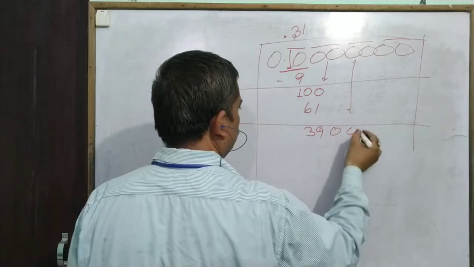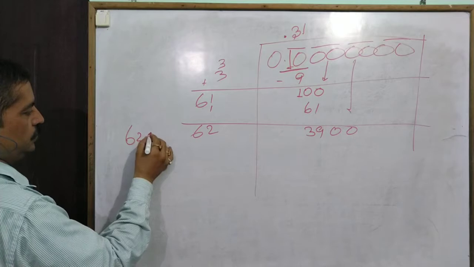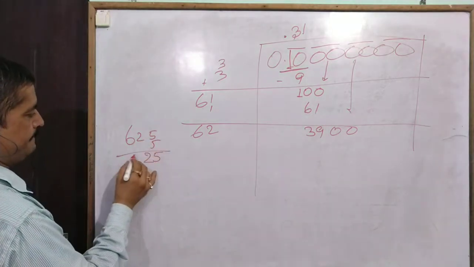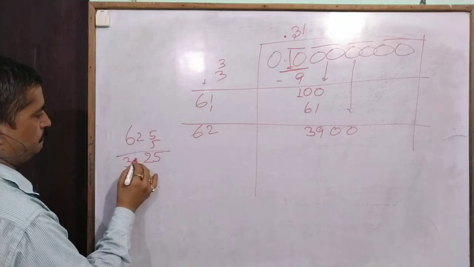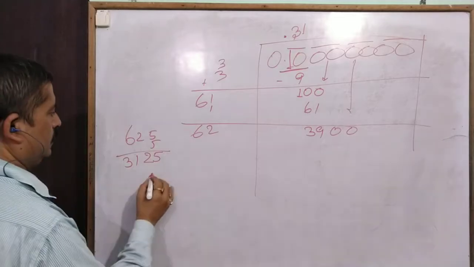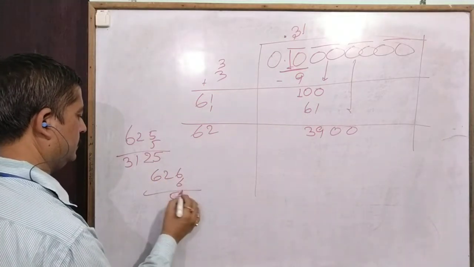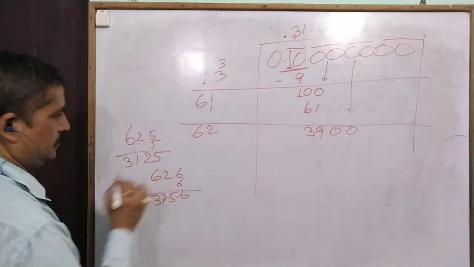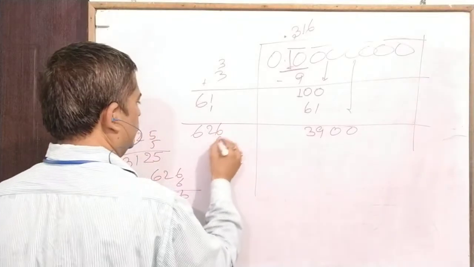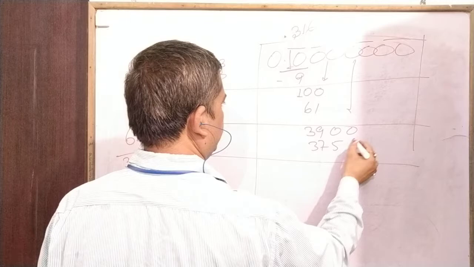Again 20. So 6 to 5. Six to 6. So approaching the 6, 3, 7, 5, 6.